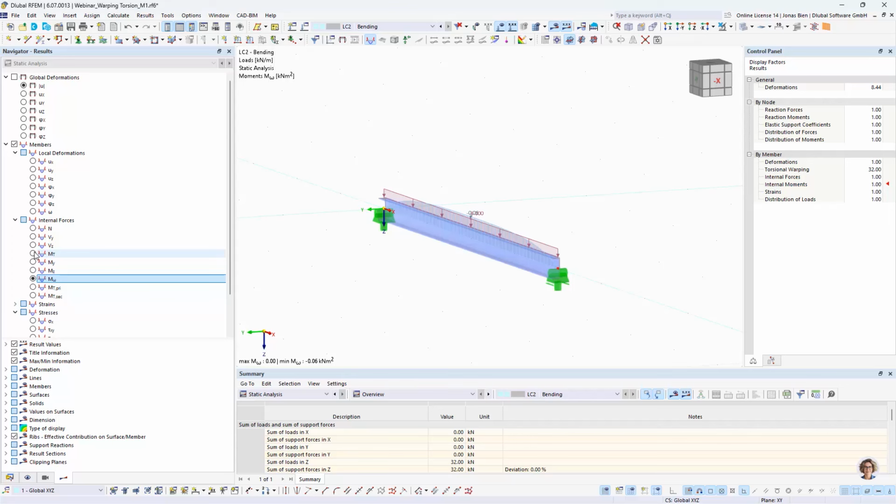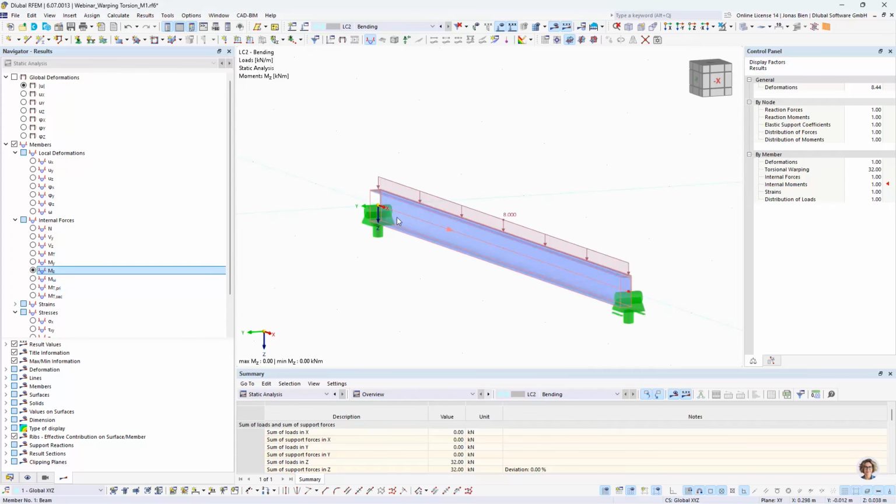If we would consider a second order theory or nonlinear geometric solver, then My and Mt together would also give us some component of bending about the weak axis. But since we have now neglected second order effects, we don't get that. But that would be the full set of results.